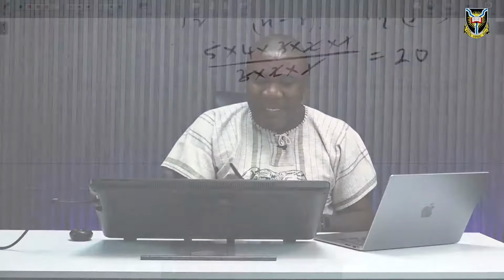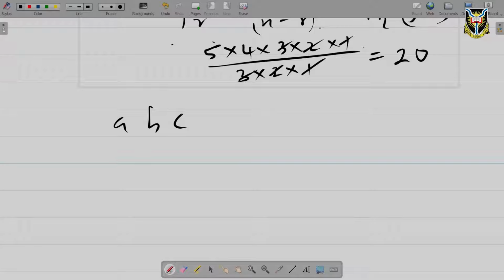Having said that, let's say, for example, we have 3 letters, A, B, C. And we are looking at the possible arrangements that we can create from these 3 letters. Of course, we can have ABC itself, we can have ACB, we can have BAC, we can have BCA, we can also have what?